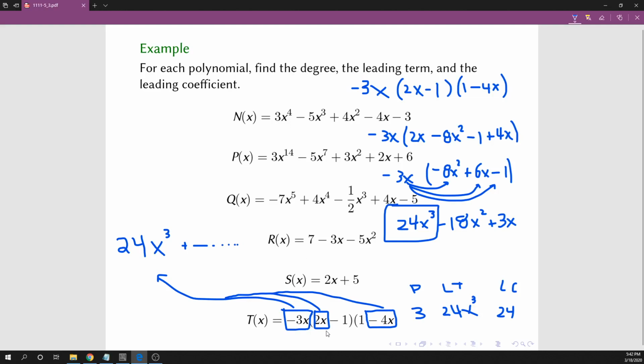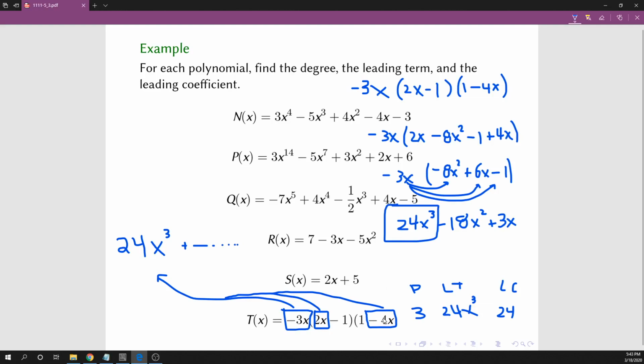If the polynomial is written in the factored form, however, right, then you are going to have to do a little bit of work, right? You're either going to have to take the time to completely multiply out all of the polynomial and get this, and then it's in the standard form, and now it's easy to get the degree, the leading term, and the leading coefficient.